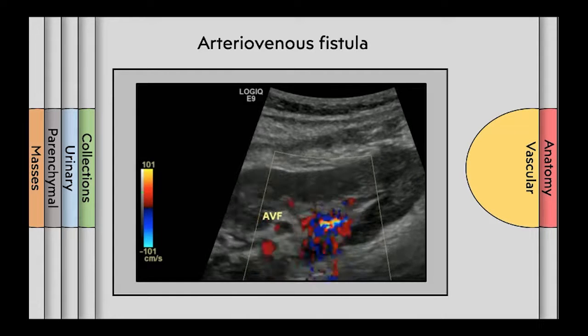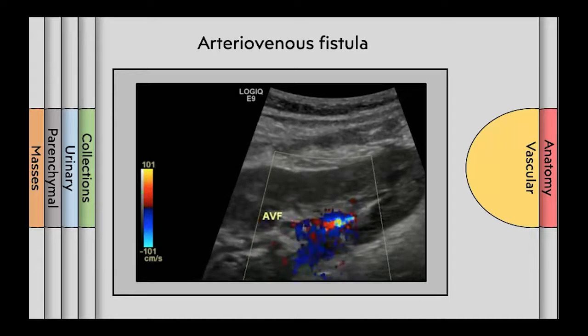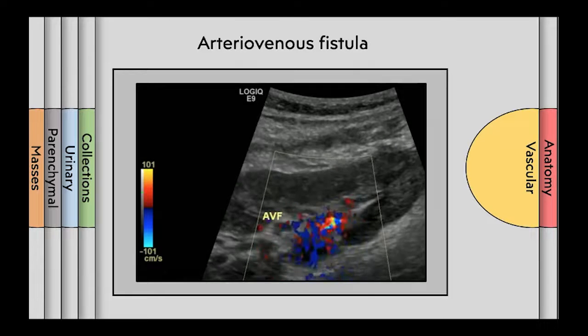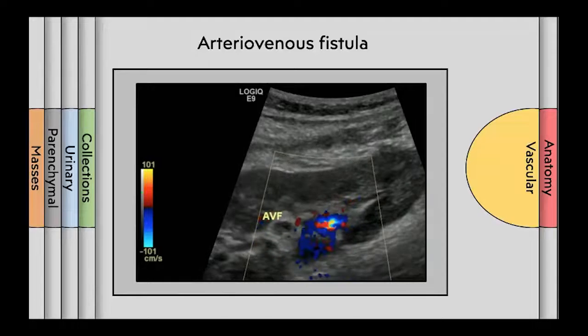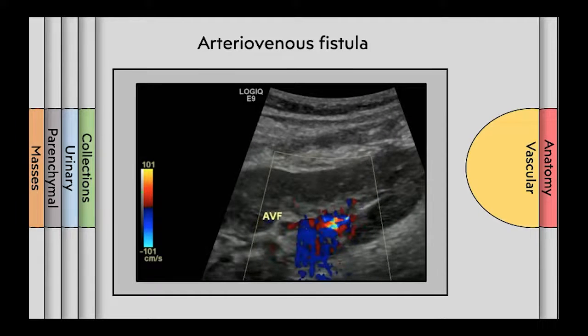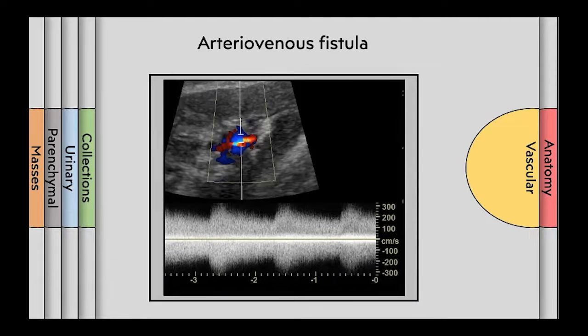This turbulence is not unique to arteriovenous fistulas and can be seen in any turbulent pathology, including transplant renal artery stenosis, arteriovenous fistulas, and pseudoaneurysms. However, spectral Doppler evaluation is diagnostic with its high velocity, low resistance waveform patterns as depicted here.